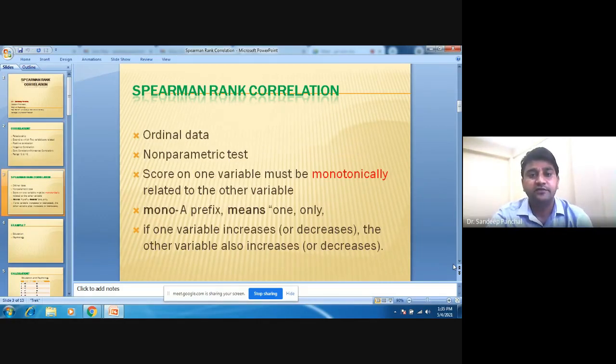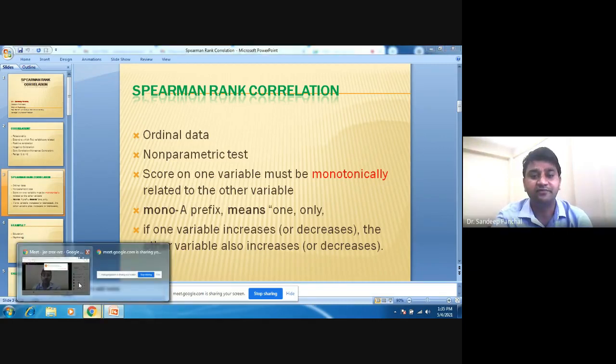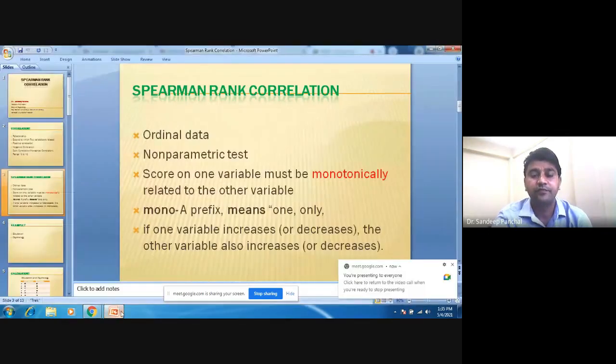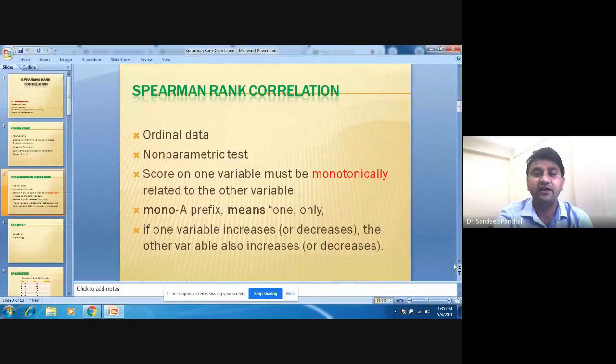Spearman rank correlation can be used on ordinal data, when we have data in the form of ranks or orders, such as higher than, equal to, or middle.